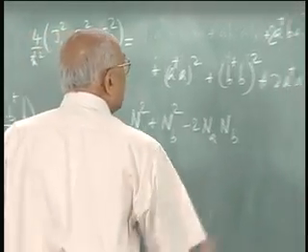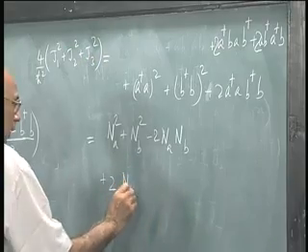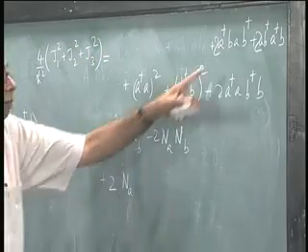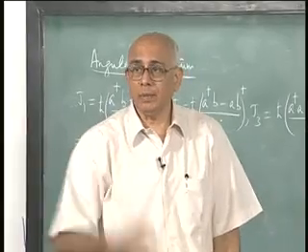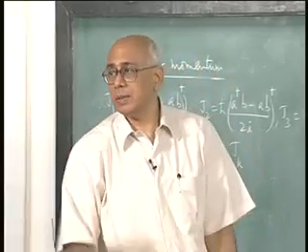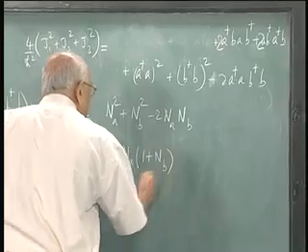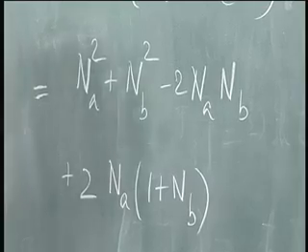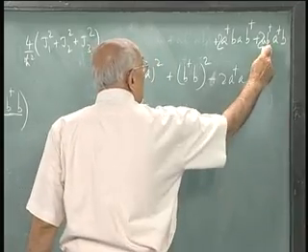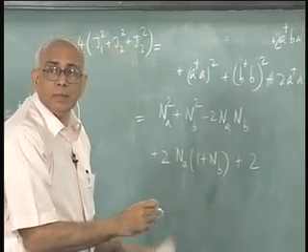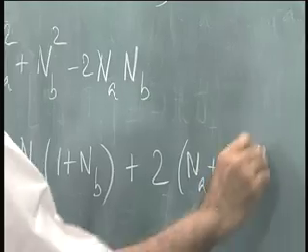twice, now what is this guy here, it is equal to twice, I can bring the A to this side, so it is twice n_A, but I have a B B dagger, but I know B B dagger minus B dagger B is 1, so B B dagger is 1 plus B dagger B, or 1 plus n_B, so 1 plus n_B in this fashion, plus twice, there is an n_B sitting there, but this is A dagger, but that is n_A plus 1 times n_B.